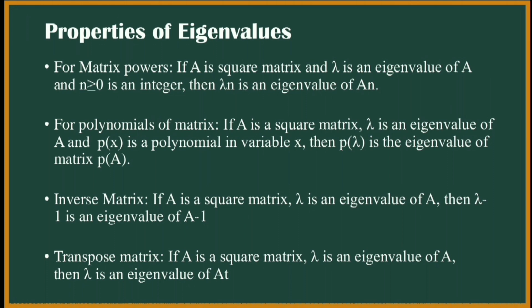For polynomials of matrix, if A is a square matrix, lambda is an eigenvalue of A and p of x is a polynomial in variable x, then p of lambda is the eigenvalue of matrix p of A. Inverse matrix, if A is a square matrix, lambda is an eigenvalue of A, then lambda to the minus 1 is an eigenvalue of A to the minus 1. Transpose matrix, if A is a square matrix, lambda is an eigenvalue of A, then lambda is an eigenvalue of A transpose.